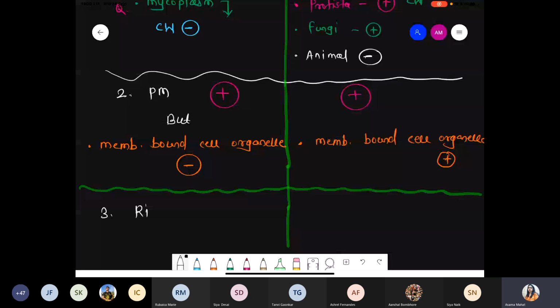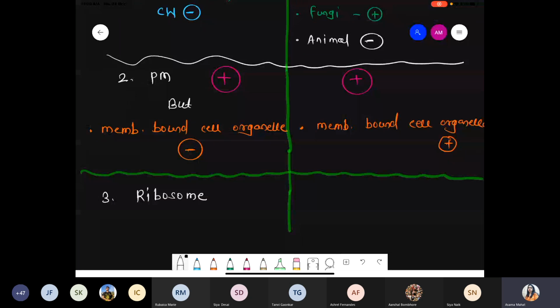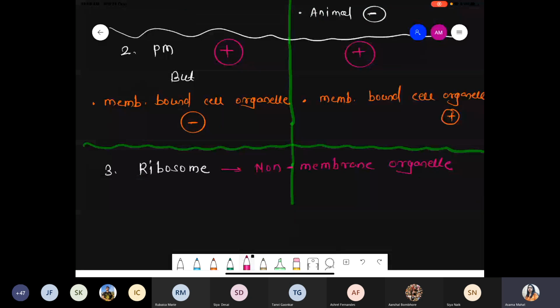So the next point is ribosome, and ribosomes are non-membrane organelles in both prokaryotes as well as eukaryotes. So ribosome is an organelle, please remember. But the plasma membrane part is totally absent. That's why we are talking about ribosome. These are without-plasma-membrane organelles. We'll discuss that part later in detail.